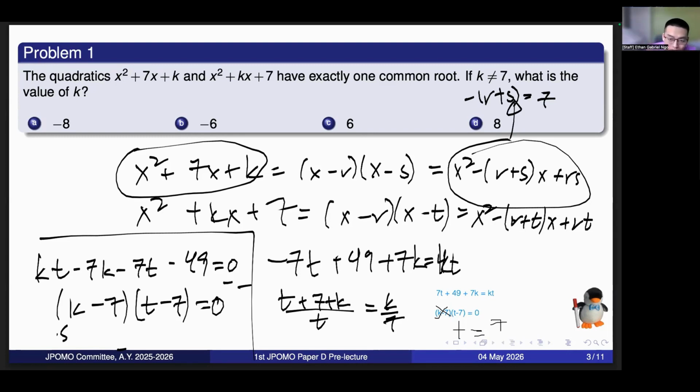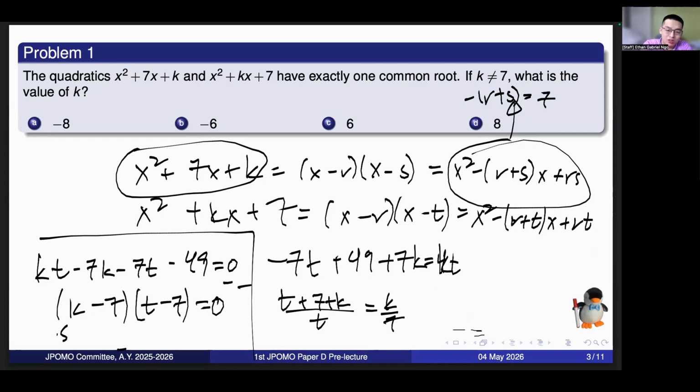from which, inserting this into our earlier equation, rt equals 7, we will get r equals 1.